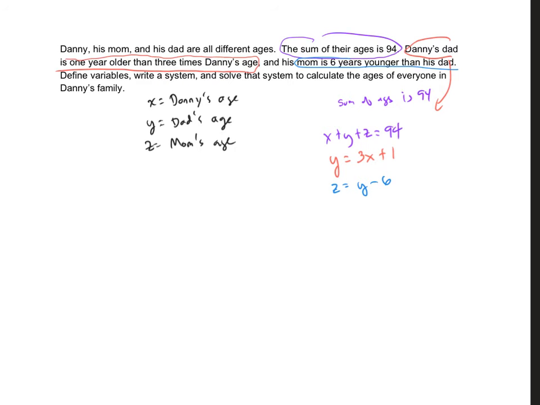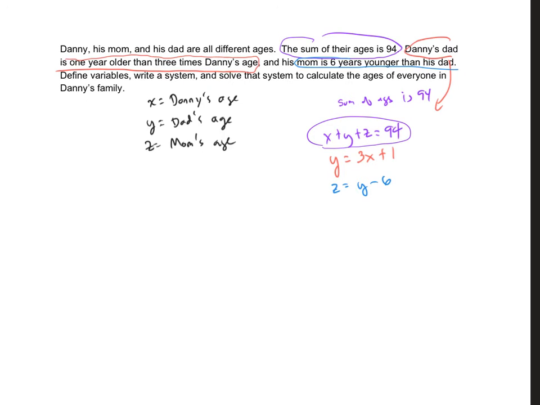So what I have here now is a system, and there's a couple of ways that you can solve this system. I look at this and I go, okay, I could do this by substitution, but it may take me multiple steps. So what I'm going to do is look at that x plus y plus z, which has all the variables in it, and I'm going to look to get that down to one variable.